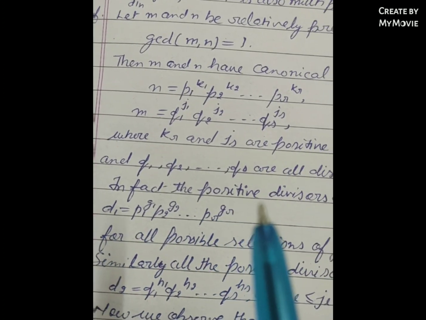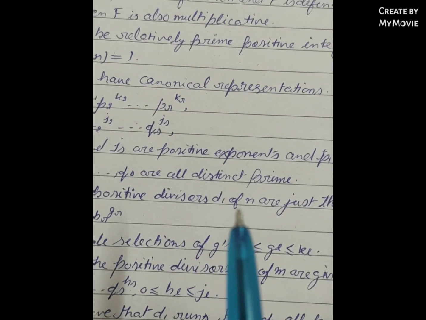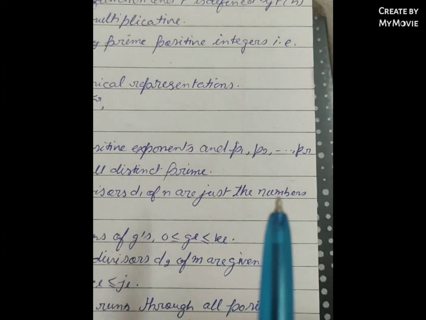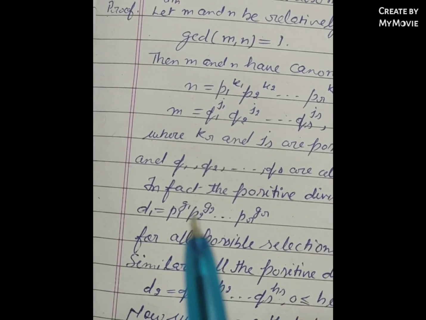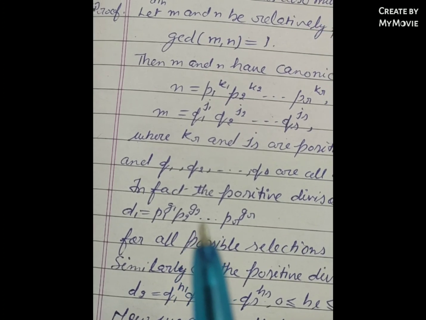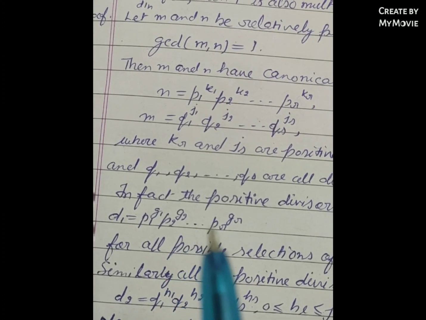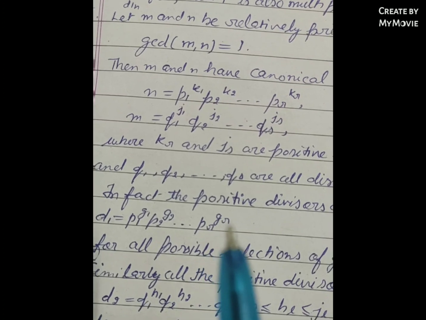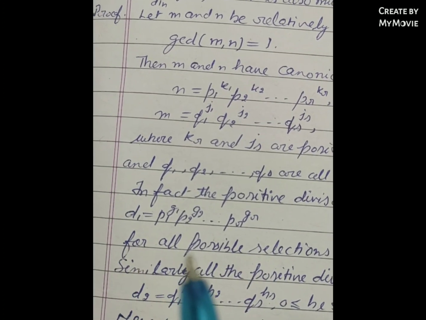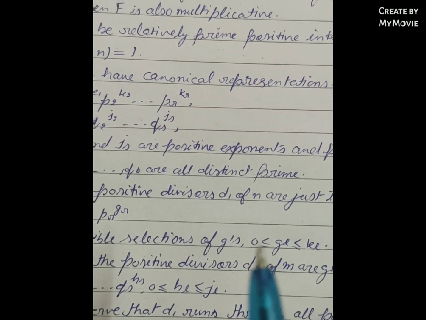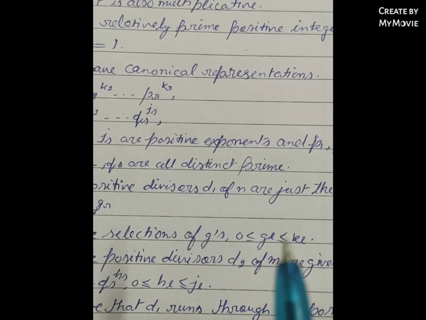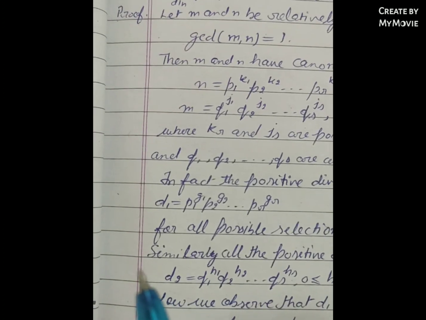In fact, the positive divisors d1 of n are just the numbers d1 is equal to p1 raised to power g1 into p2 raised to power g2, and so on, pr raised to power gr, for all the possible selections of the g's, 0 is less than or equal to gl is less than or equal to kl.